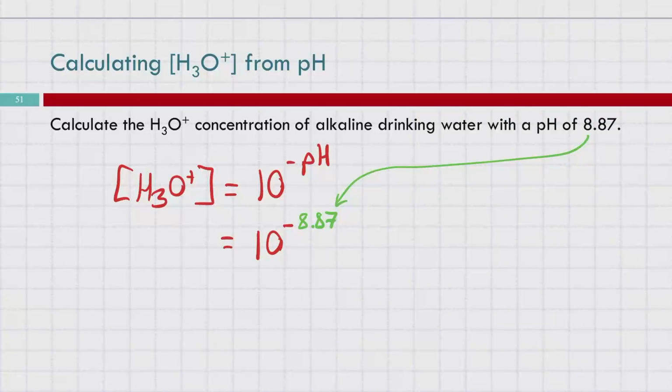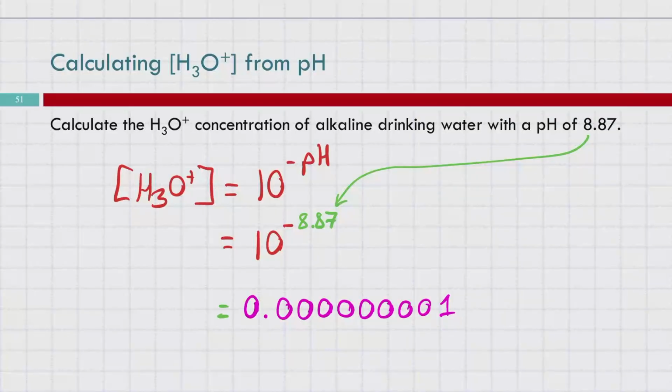If you did this on your calculator, you probably got 0 point, and then a bunch of zeros. How many zeros? Is it 8? Who knows? Something like this. That's not very helpful because that's one significant figure.